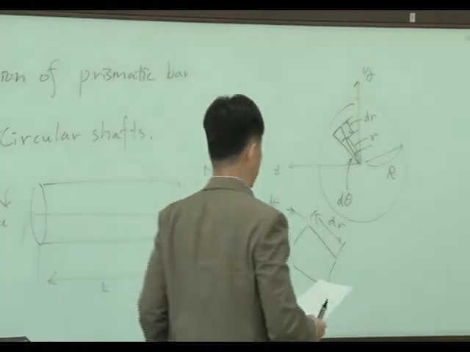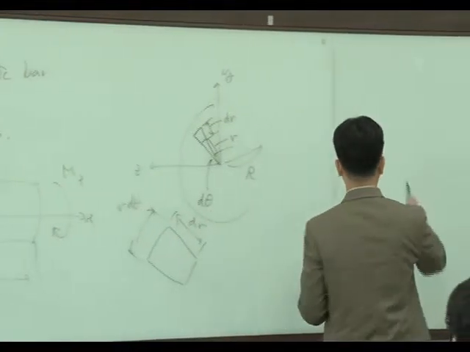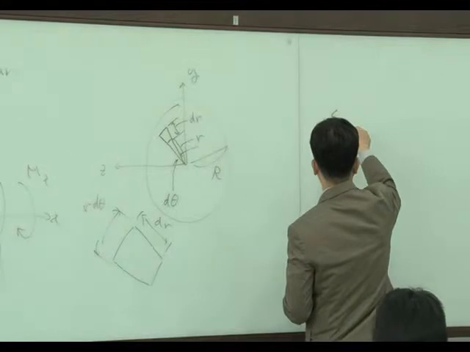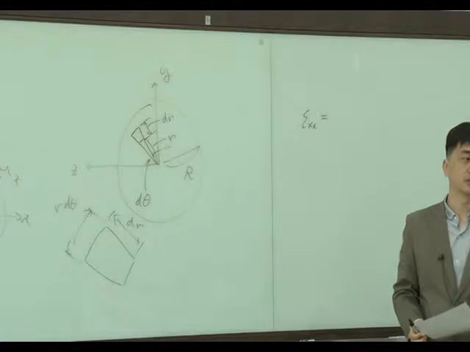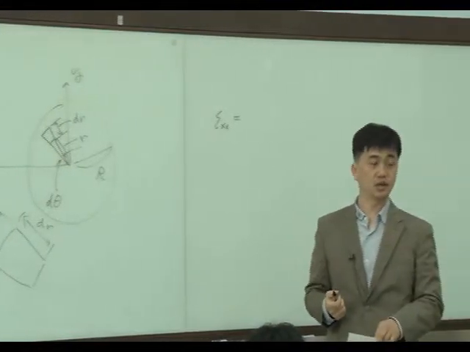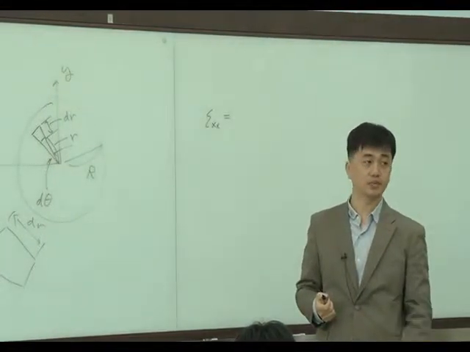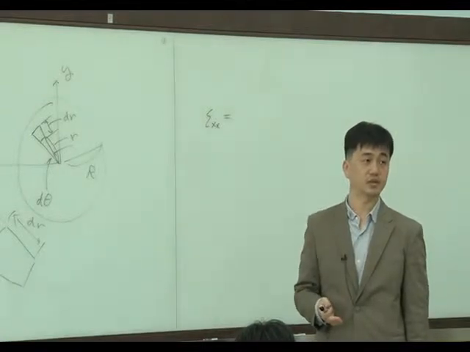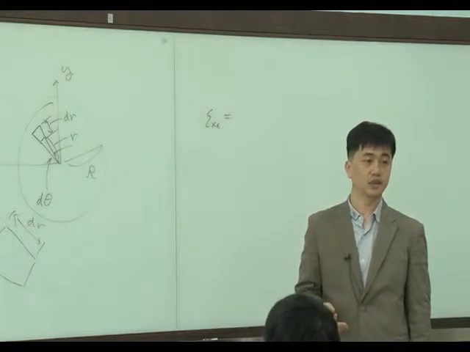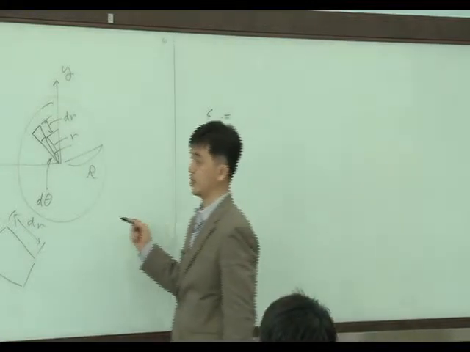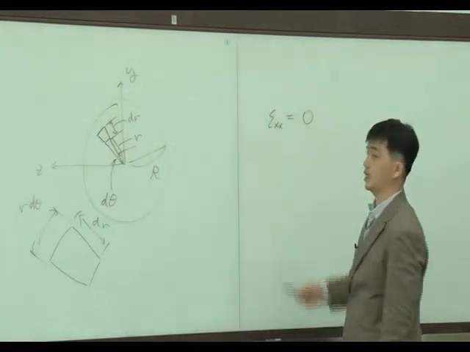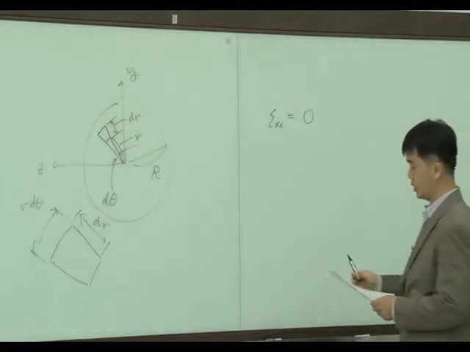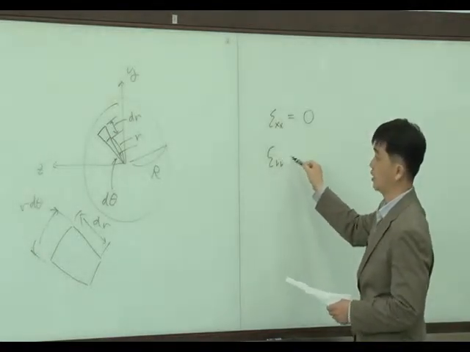In this case, let's consider strain xx. If we twist the circular bar, what happens? Displacement in the x direction: there is no displacement in the longitudinal direction of this bar, right? So strain xx is 0. And how about strain rr?